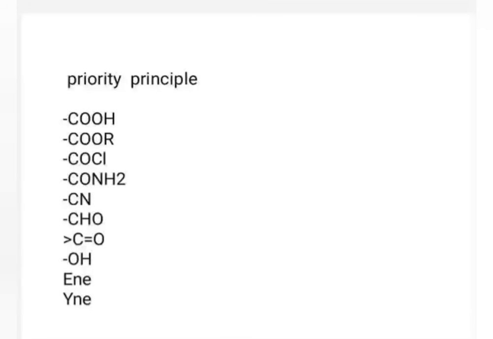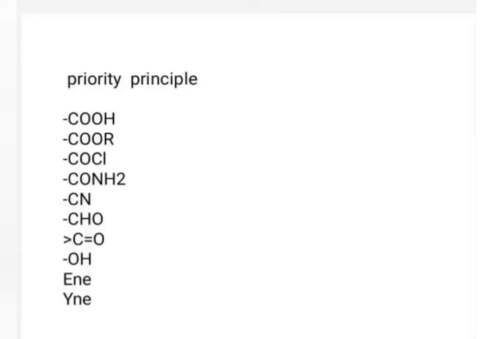Friends, now let us discuss about priority principle. So in a carbon compound we can see that there are 2 or more than 2 substitutes, or 2 or more double bond or triple bond in a given compound. In such a manner, for numbering of the carbon atoms in a given carbon compound, we use the priority rule. It is in decreasing order.